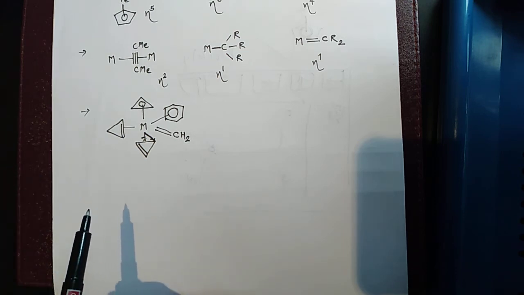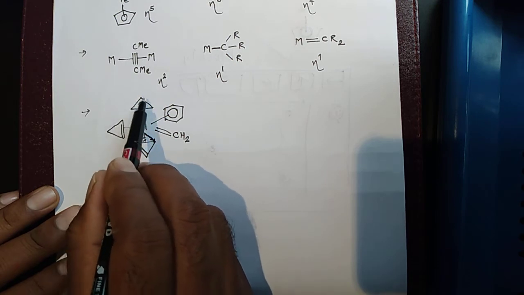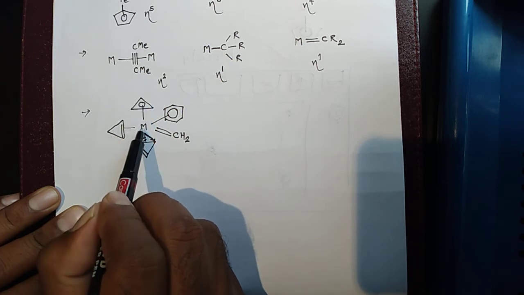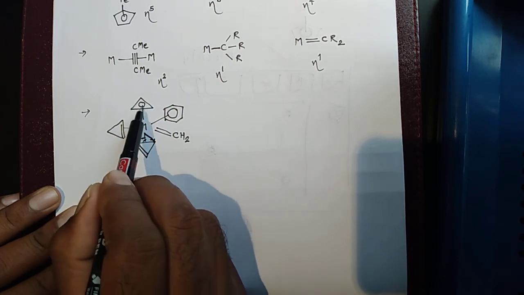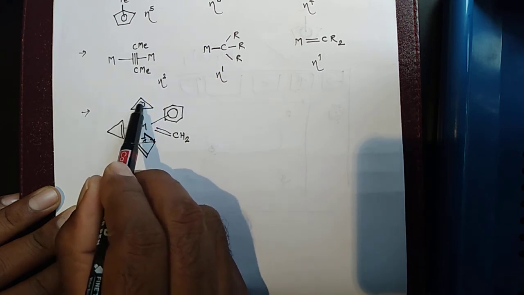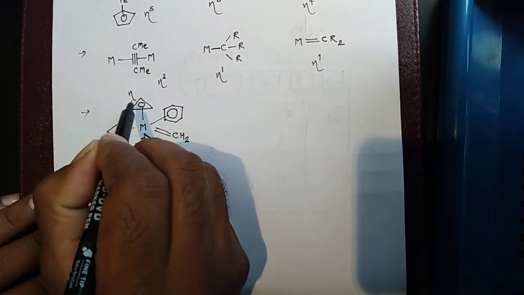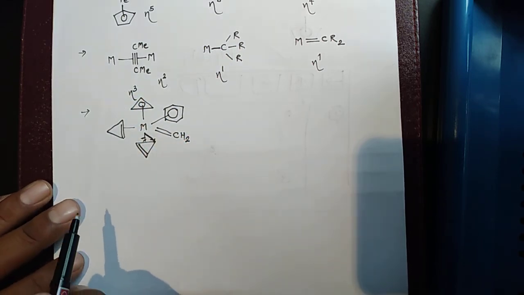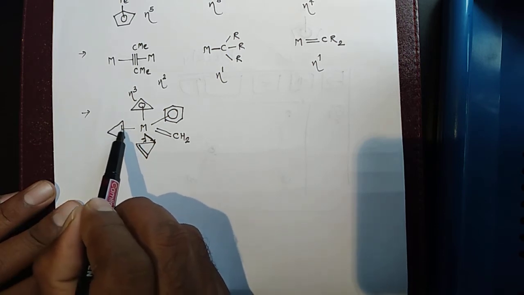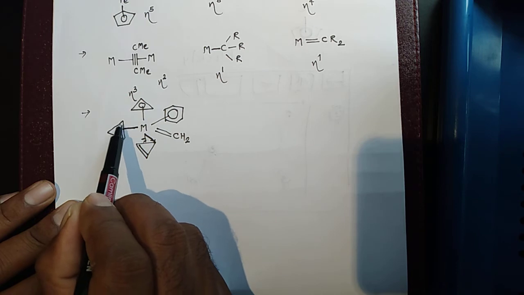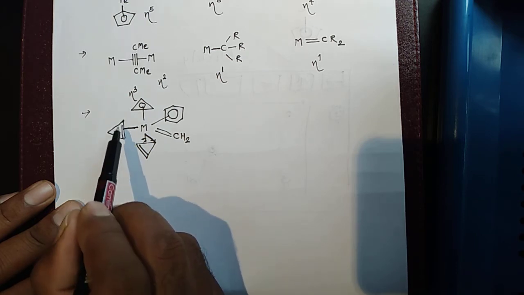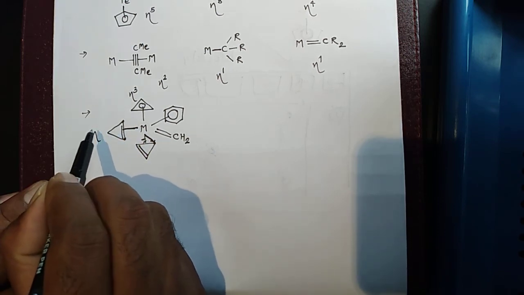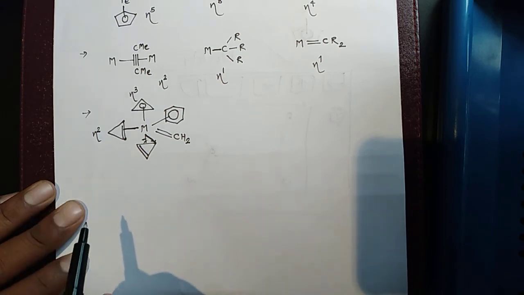So here one by one we will see, for this side. This ligand is directly attached to the metal, and the metal is directly attached to these 3 carbon atoms. So the hapticity of this particular ligand is η3. What about here? Here it is directly attached to the pi bond, and the pi bond is made up of 2 carbon atoms. So the hapticity of this particular ligand is 2.